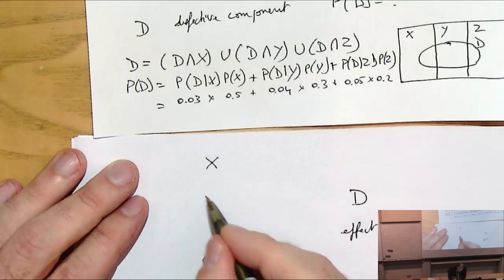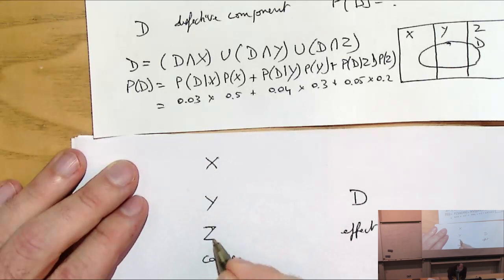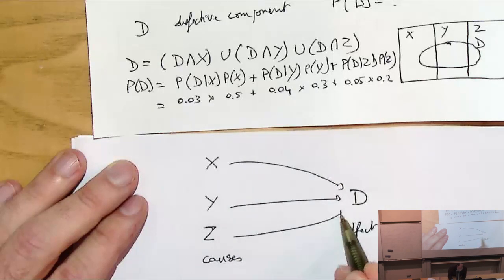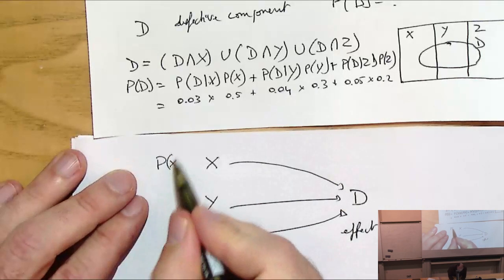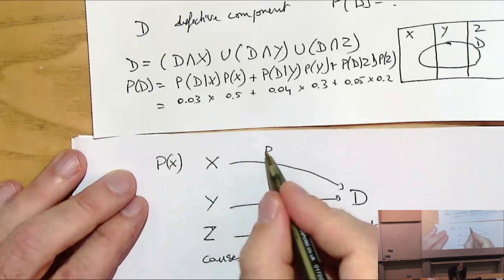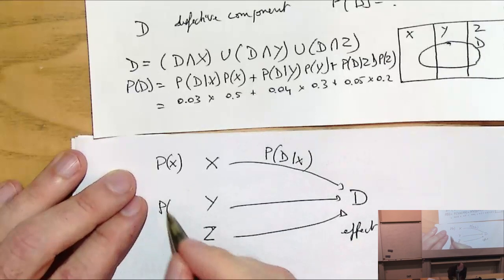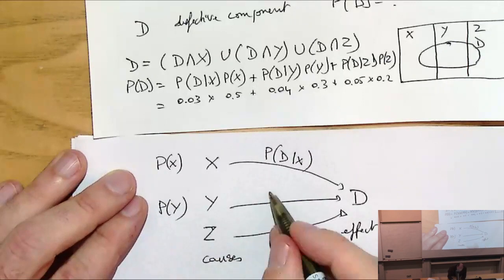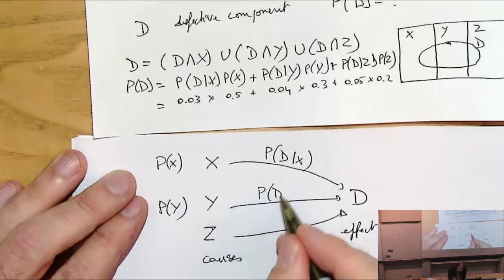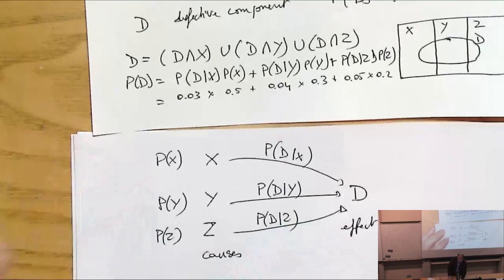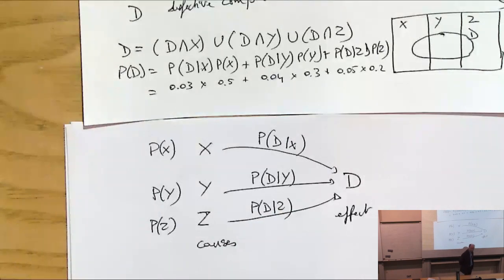Either it is produced by X, Y, or Z. And I have a certain probability of X producing it multiplied by the probability of having a defect if X produces it. Or I have a probability of Y producing it multiplied by the probability of having a defect if Y produces it, probability of Z producing it, and probability of having a defect if Z produces it. Okay?